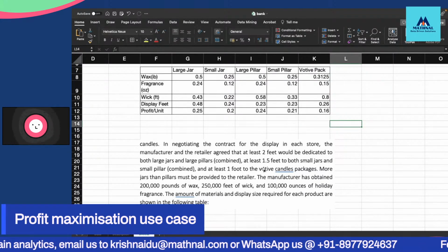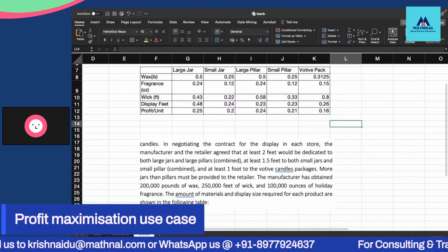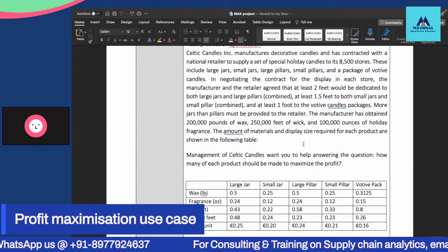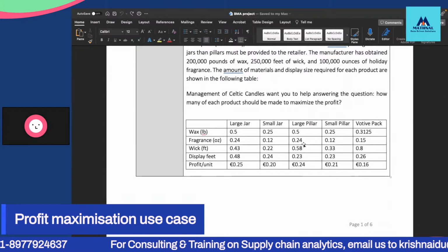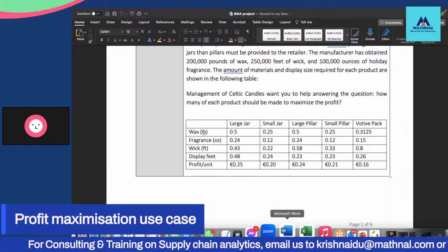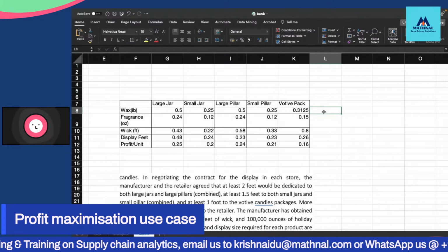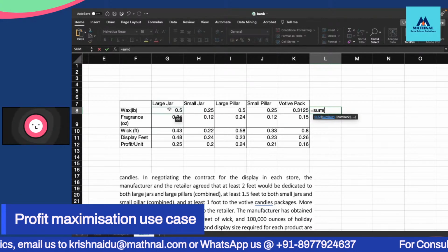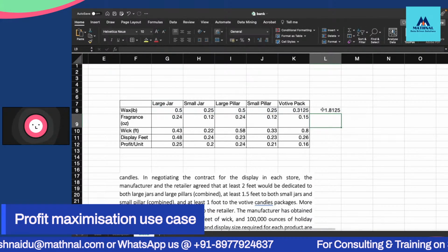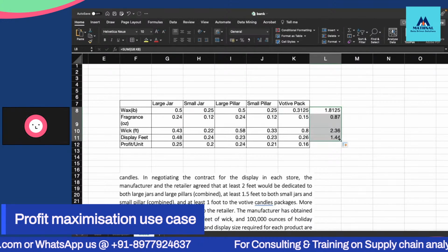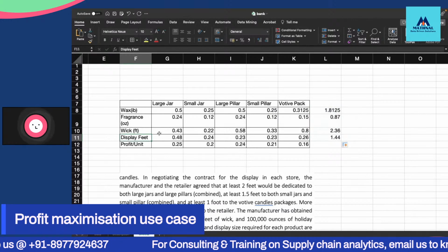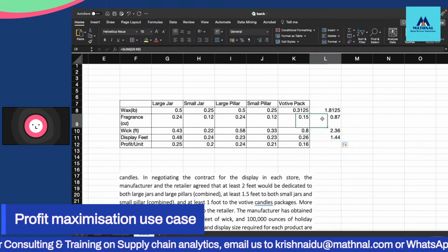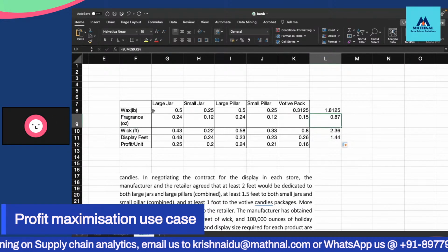So what we are seeing over here is, let's do the sum of this. Wax: how much wax are we actually getting out of this? 1.815. The display is 1.44, wick is 2.36, fragrance is 0.87. Right, this is what we need.